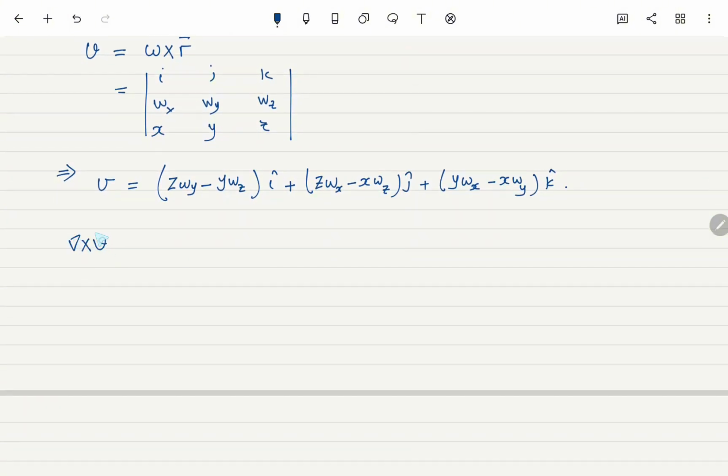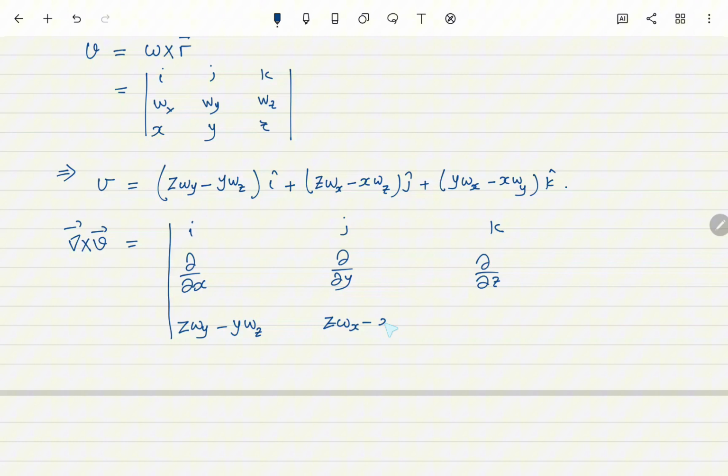Now let's find curl v. Curl v is equal to, again we have to open a determinant here: i j k, partial x, partial y, partial z. Now the components for v: the x component, z omega y minus y omega z, then z omega x minus x omega z, then y omega x minus x omega y.